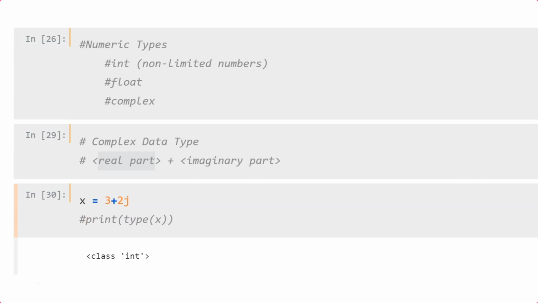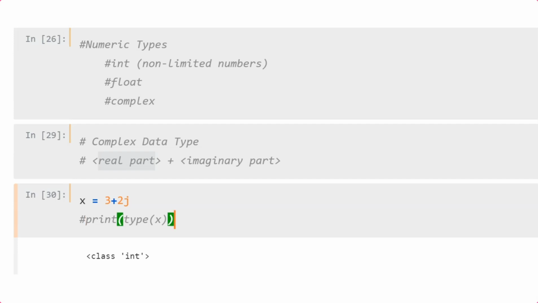This seems a little trivial to understand because 3 plus 2j, do you mean to say you're talking about j as a variable here which is multiplied with 2? Relatively not, because j is only a notation to represent that it is an imaginary part.